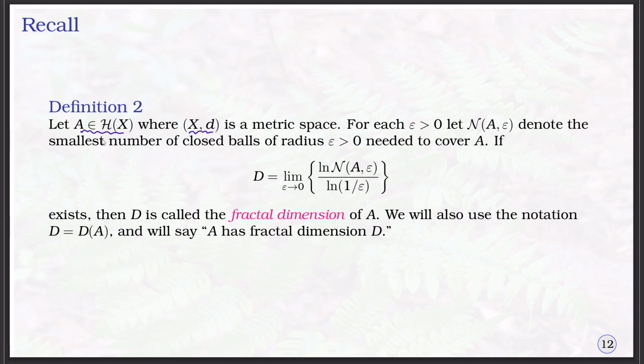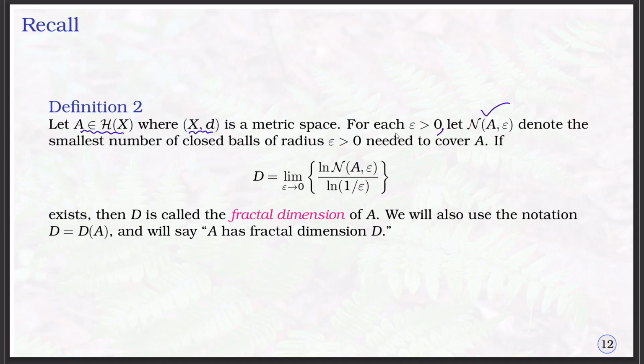Here H of X is the set of non-empty compact subsets of X. For each epsilon greater than 0, let N of A comma epsilon denote the minimum number of closed balls of radius epsilon needed to cover the set A.